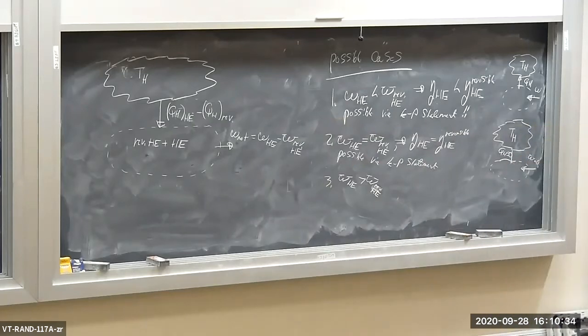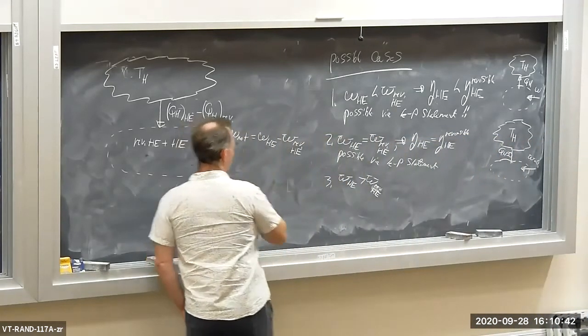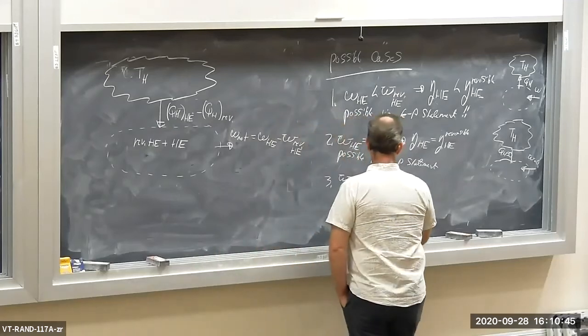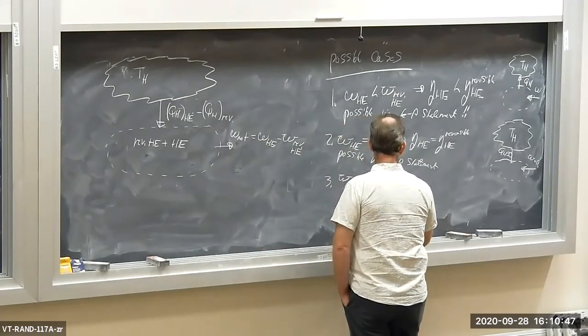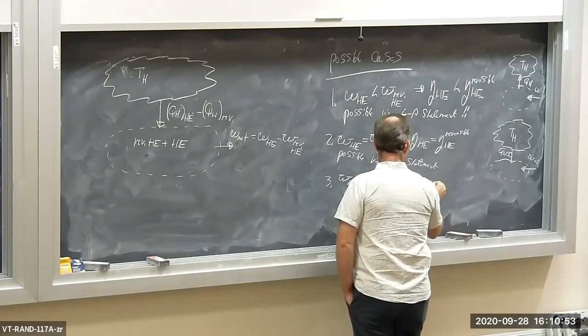So that's the third possible state of affairs. The heat engine produces more work than the reversible heat engine. Now that implies eta heat engine greater than eta reversible heat engine.